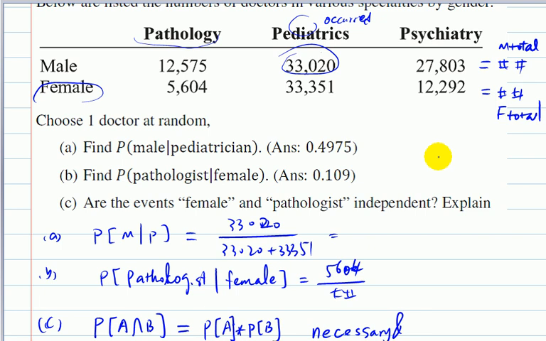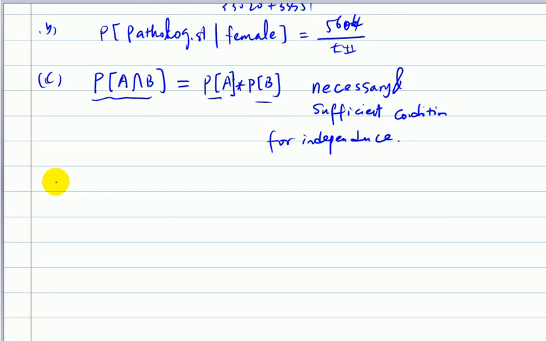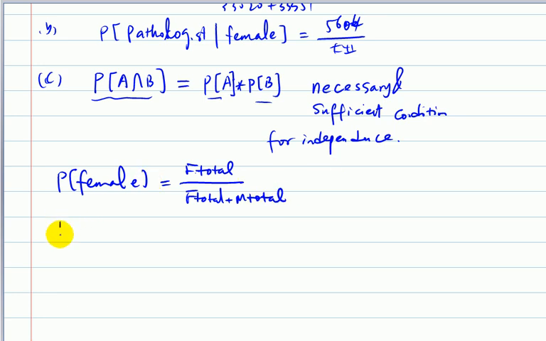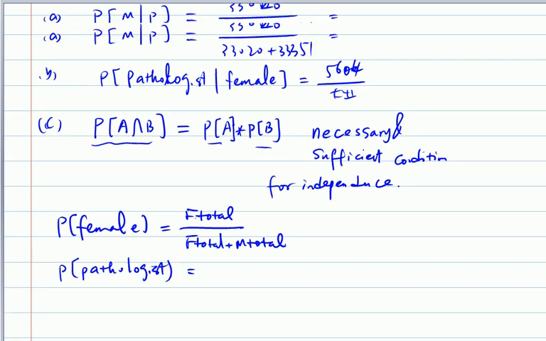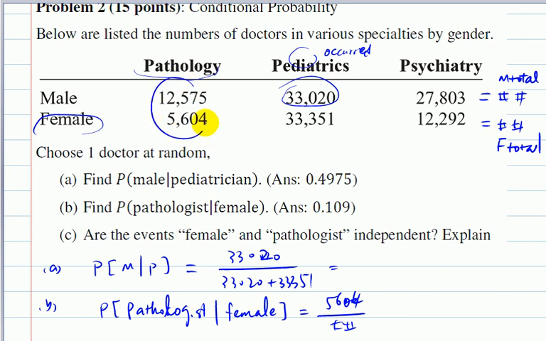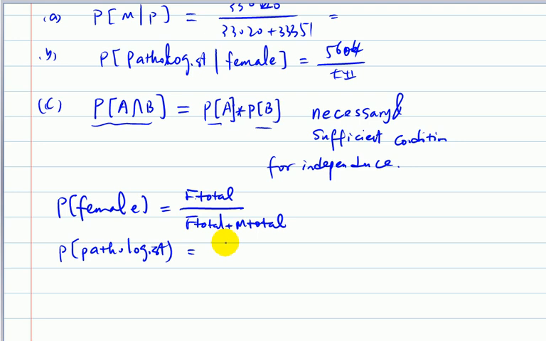So P(female) equals F total divided by F total plus M total. So that's this one here. And P(pathologist) is basically the total number of pathologists, these two here, divided by the total number adding up here. Okay, so that's P(A) and P(B).